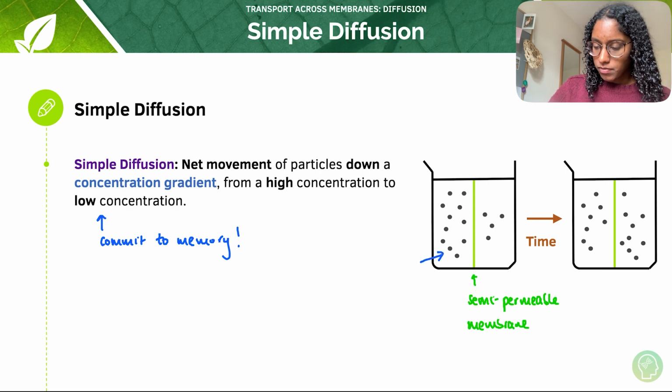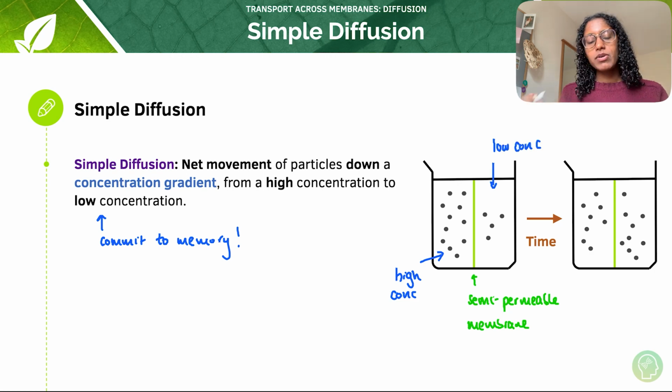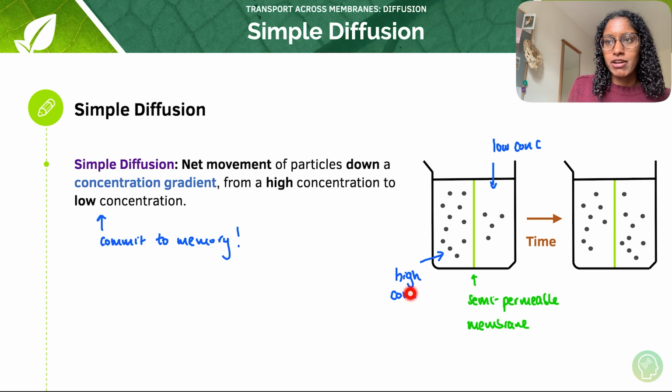This is our high concentration, I'll just write high conc, and this is our low concentration. And what we're getting with diffusion is we're getting our movement of particles down a concentration gradient from a high concentration over here to a low concentration.